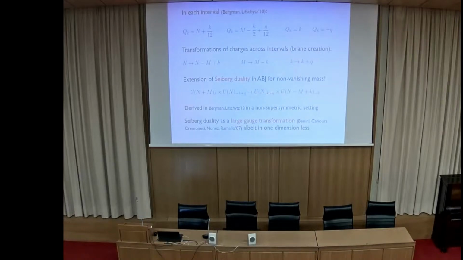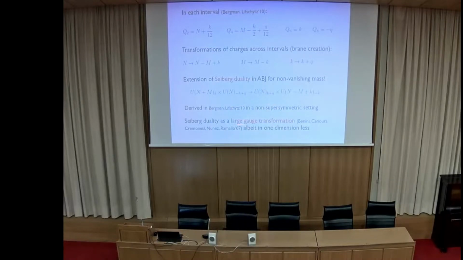Still doing Hanany-Witten moves, they proposed this Chern-Simons matter theory, which is in this way, and these ranks would be related in the IR to this other Chern-Simons matter theory. And this is exactly what we are predicting with this change in the charges across intervals. So what we are finding is a realization of Seiberg duality as a large gauge transformation.